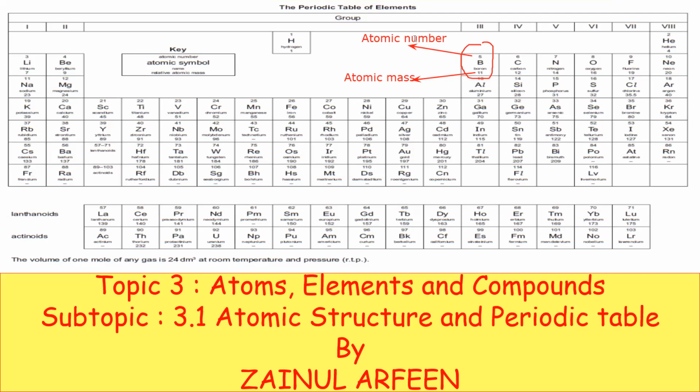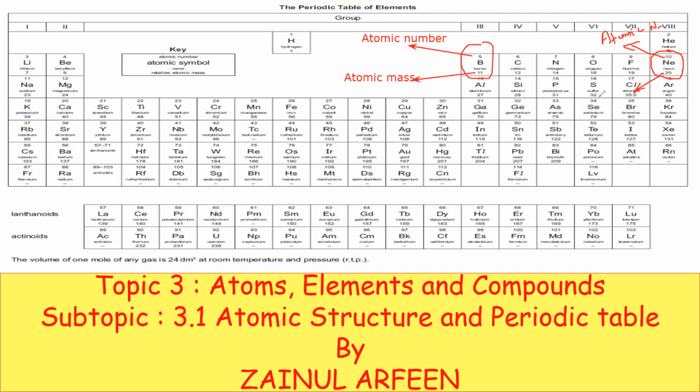Same thing if we have neon. What is the atomic number of neon? The top number is the atomic number, so the atomic number is 10. And what about atomic mass?